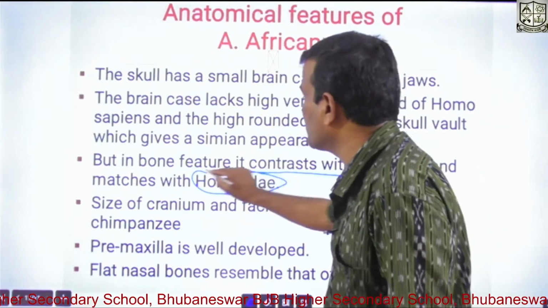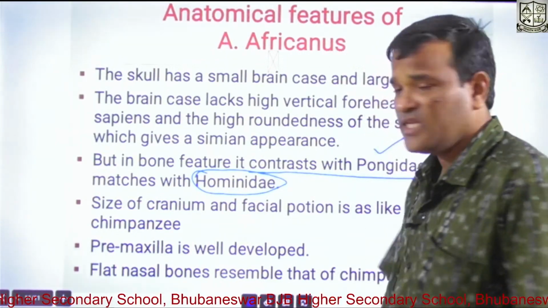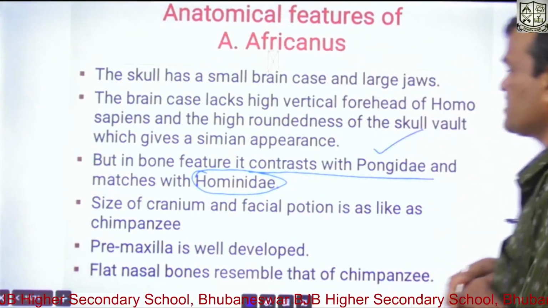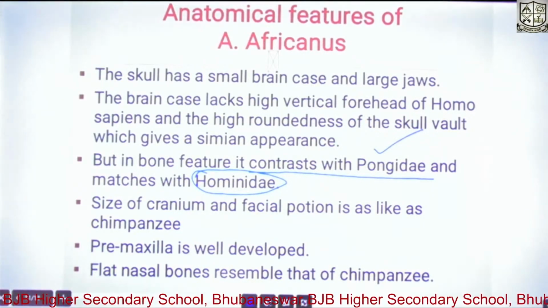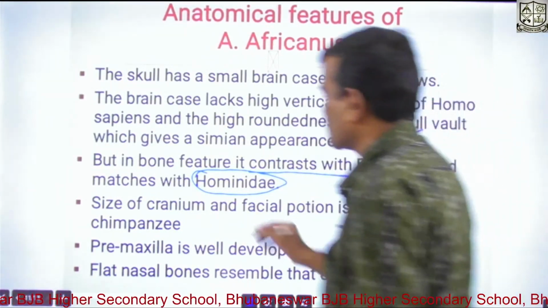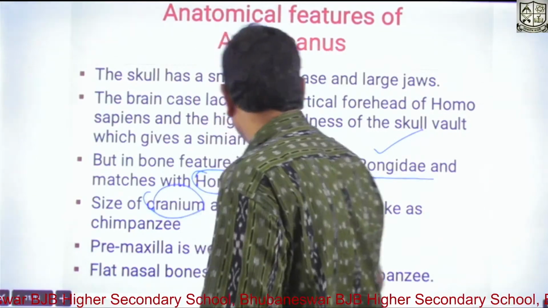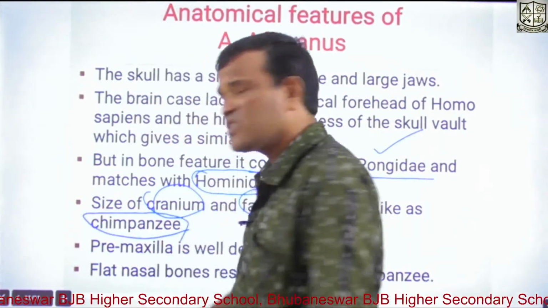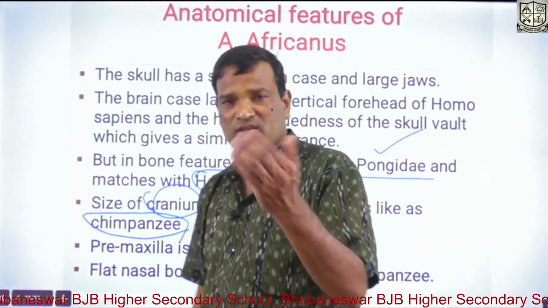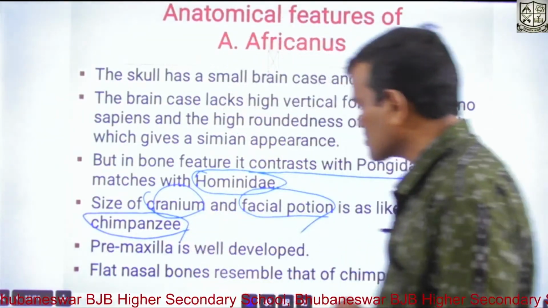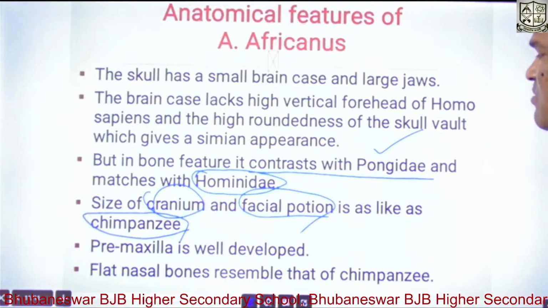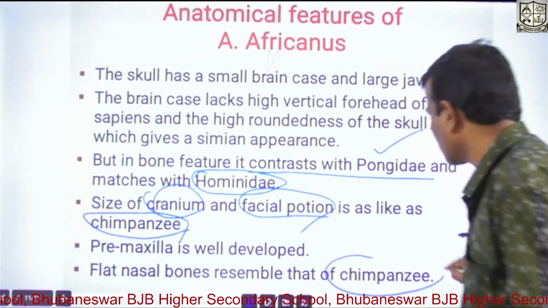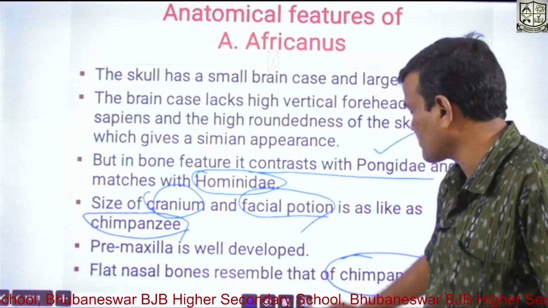It is more hominid in nature. The size of the cranium and facial portion resembles a chimpanzee. The premaxilla is well developed and the flat nasal bone resembles that of a chimpanzee.